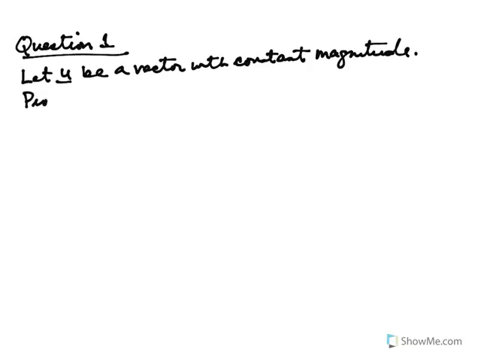Prove that the rate of change of the vector in frame A dotted with the vector itself is equal to 0. So here's the solution.